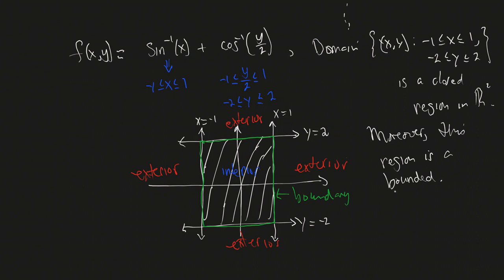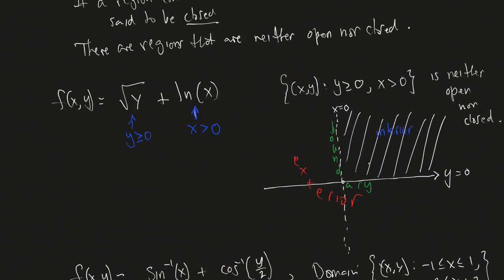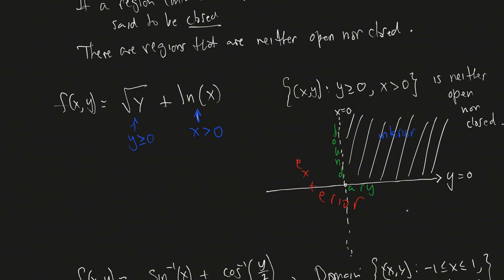So this one is a bounded region. And this one up here is unbounded, because there is no upper limit on your x going in this direction. You can go as far to the right, or you can go as far up as you'd like, right? And that makes it unbounded.